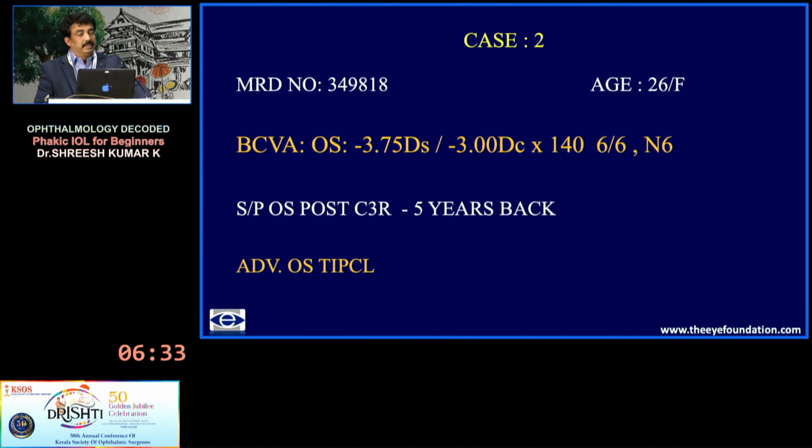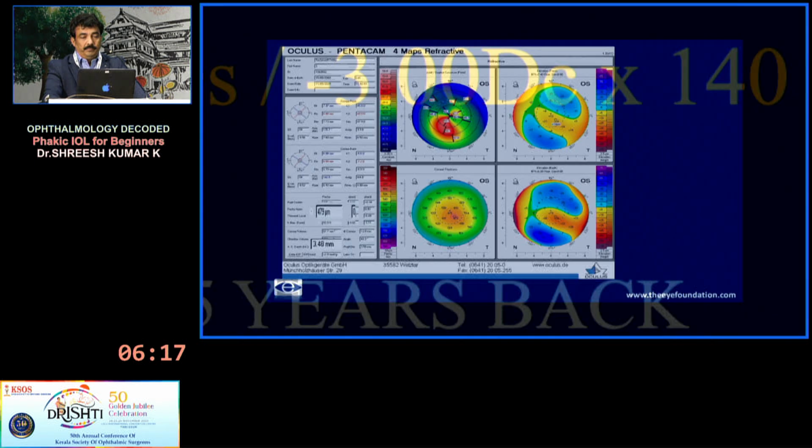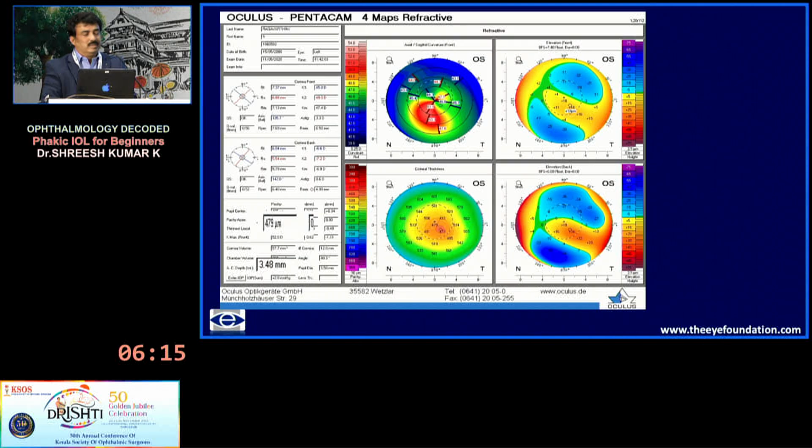Similarly, this particular case is a post-CXL patient who underwent CXL 5 years back, and he has a residual astigmatism of 3 diopters and a spherical power of 3.75 diopters, but is improving to 6/6. The cone here is almost central.